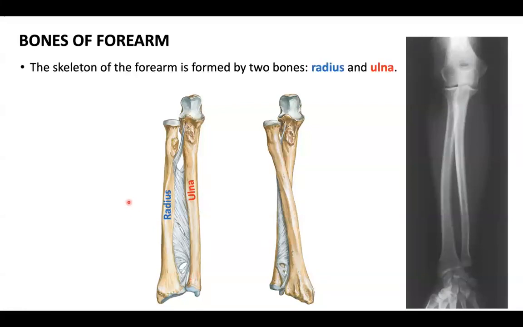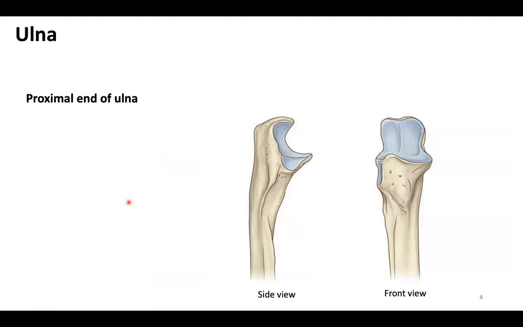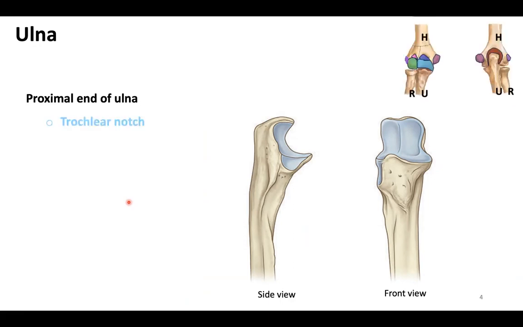Let's start with ulna. Ulna is an example of a long bone, so it has a proximal end, shaft, and distal end. The proximal end has many bony features. It contains a depression or notch, known as the trochlear notch.